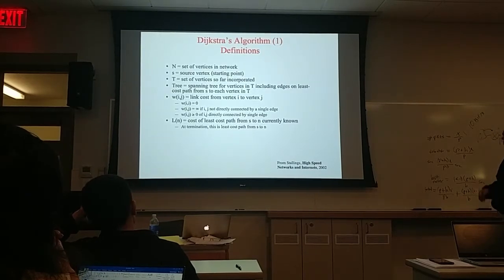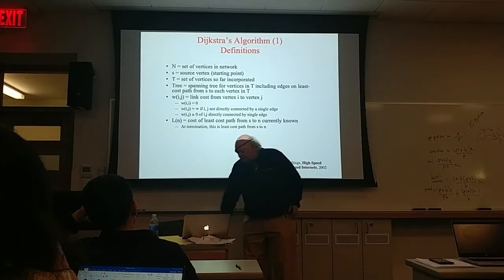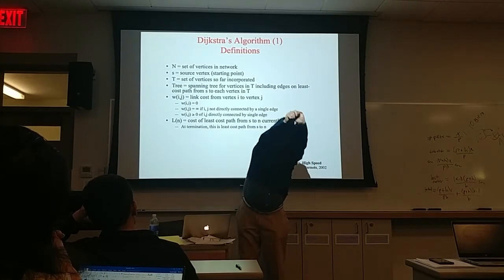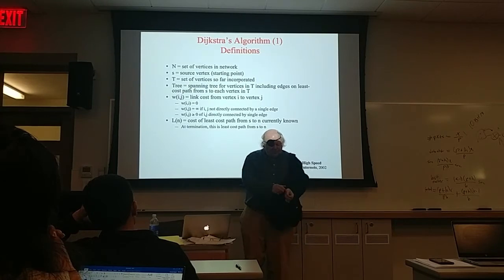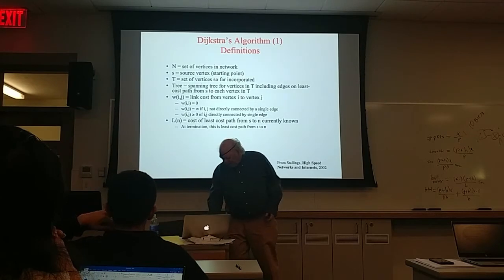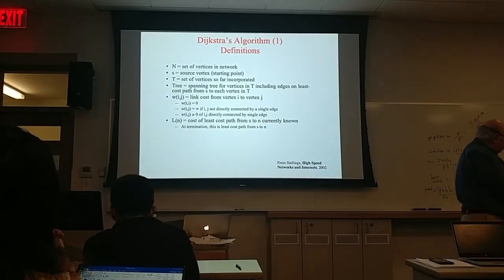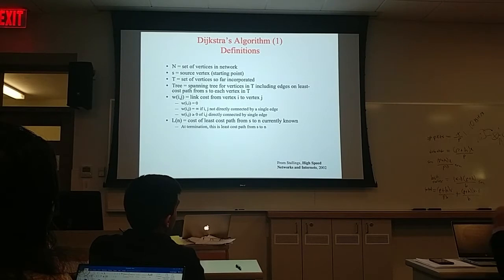So one of the algorithms we tend to use is Dijkstra's algorithm. This is the link state algorithm, the algorithm that requires perfect knowledge of the graph. Now I'm going to go through the algorithm, and you may want to go back and look at it while I go through the example, which we'll do at the end.